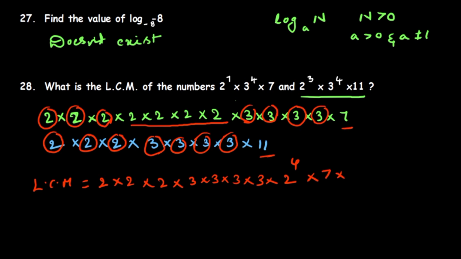Let me count how many 2's there are: 1, 2, 3, and here 4, so 3 plus 4 total 7. It is 2 to the power of 7 into how many 3's: 1, 2, 3, 4. That means it is 3 to the power of 4 into 7 into 11. So this is the LCM.